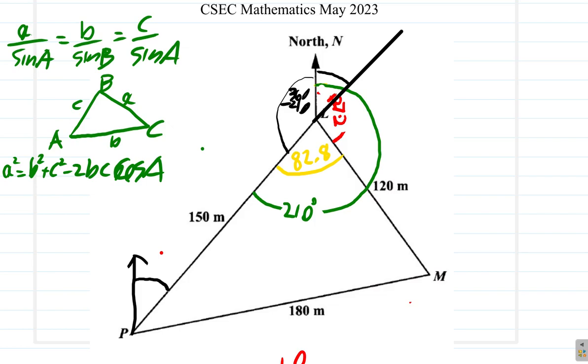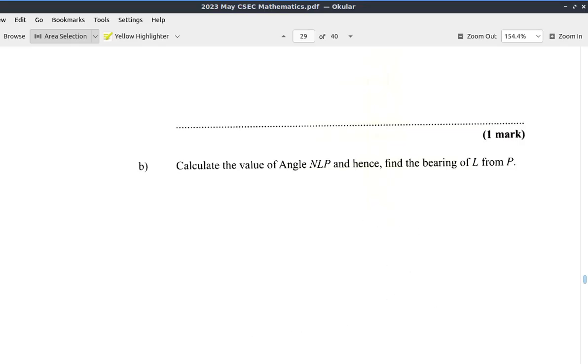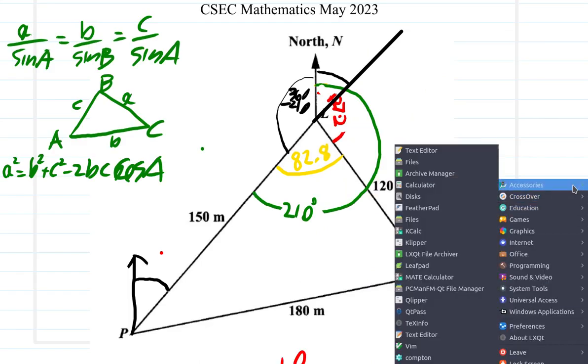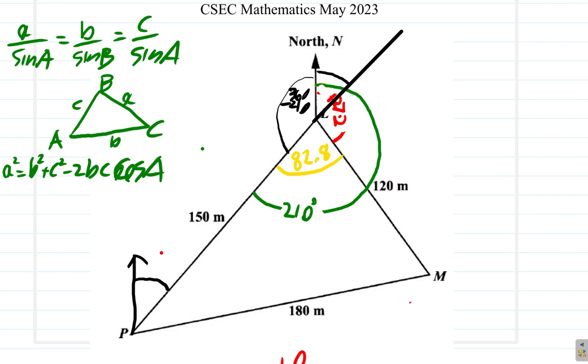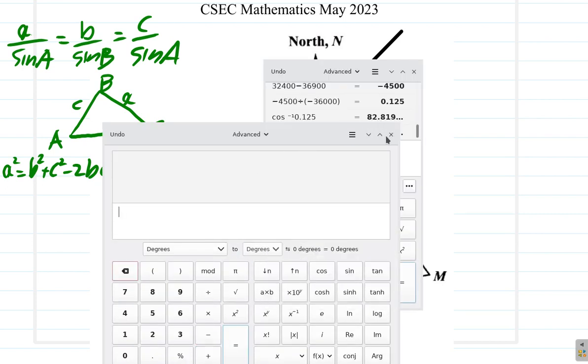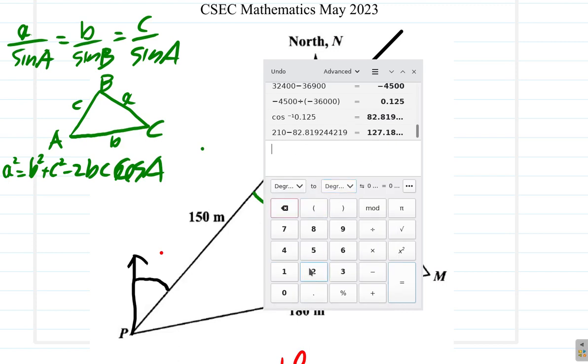So NLP 360 minus 210 equals, let's look at it. 360 minus 210 equals 150.